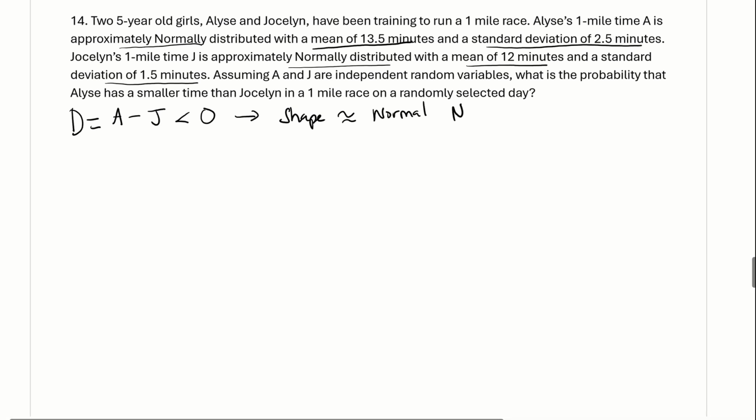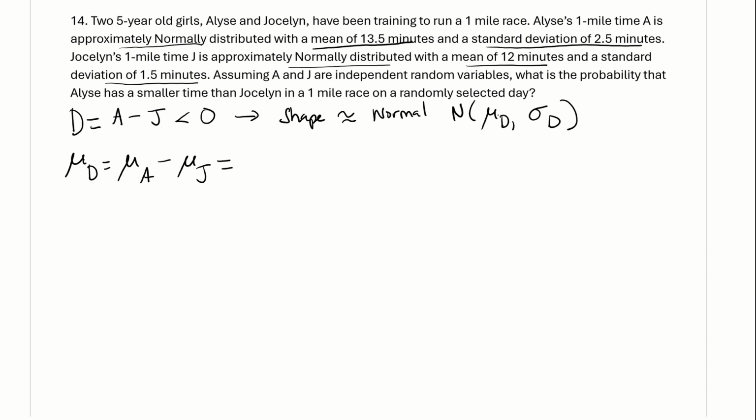Well, the distribution is going to be the mu for D and then the sigma for D. So we need to figure that out. How do we get that? Well, the mu of D is the mu of A minus the mu of J. Okay, so it takes care of that.